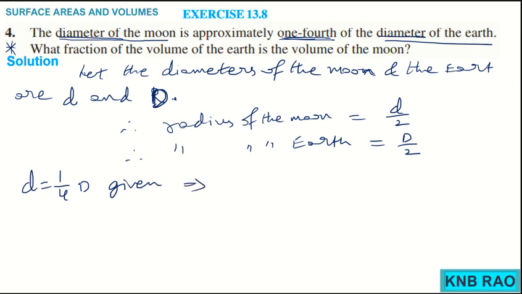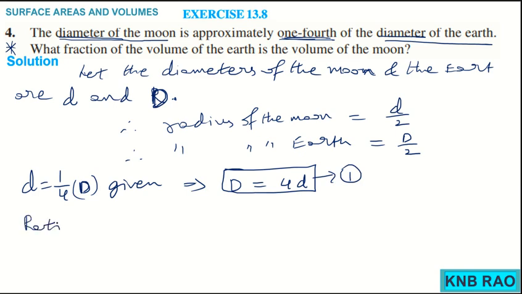It implies capital D is 4 times of small d. This is equation 1. Now, ratio of the volumes.